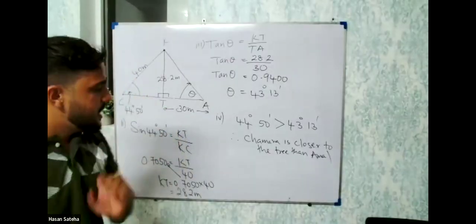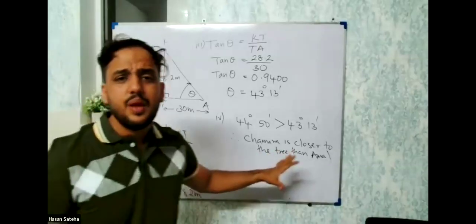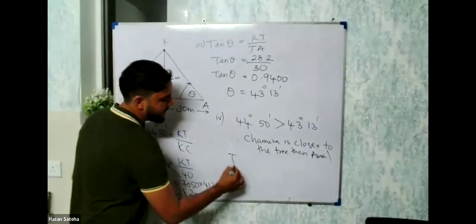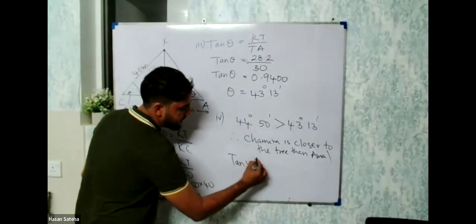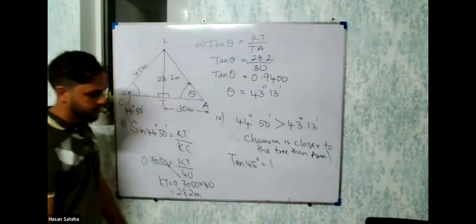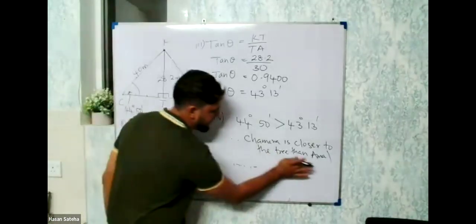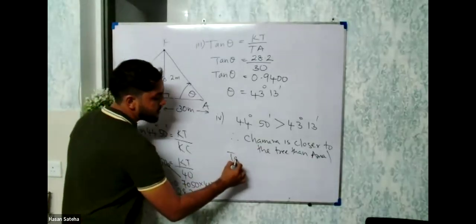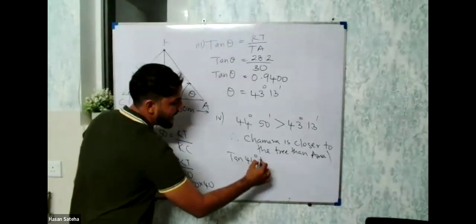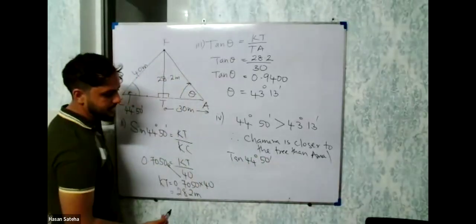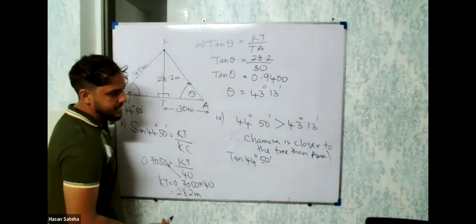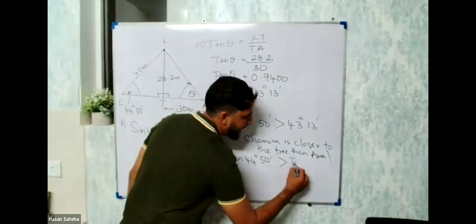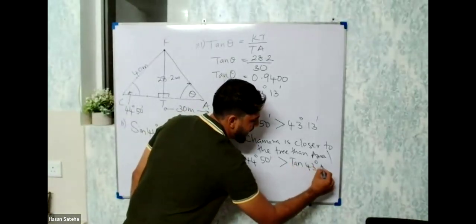Yes, sir. Okay. Now the same idea, I can explain using tan. We don't need the tan 45 value here. So tan 44 degrees and 50 minutes is definitely greater than tan 43 degrees and 13 minutes.